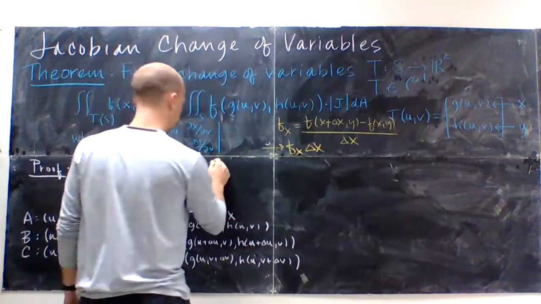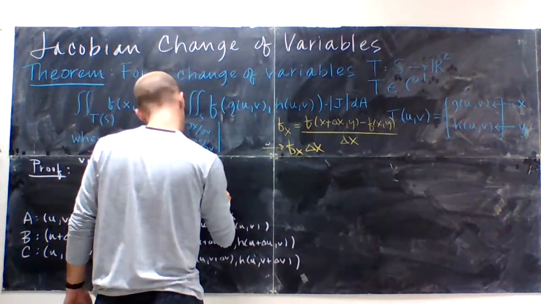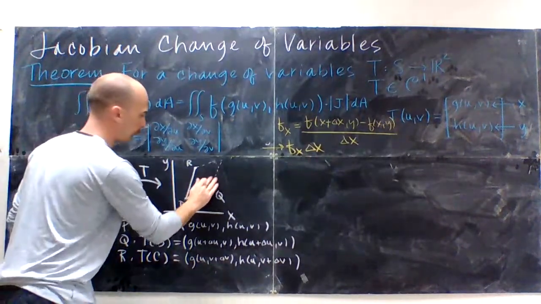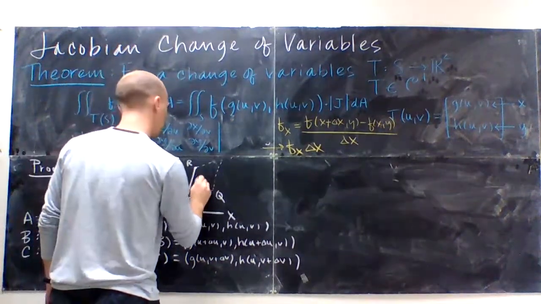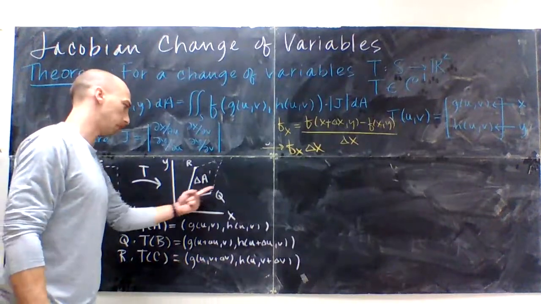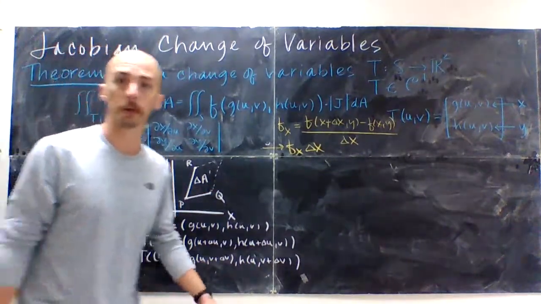If that's the parallelogram spanned by these two vectors, this would be the effective delta area. Now I'm going to write down a formula for vector PQ and a formula for vector PR.